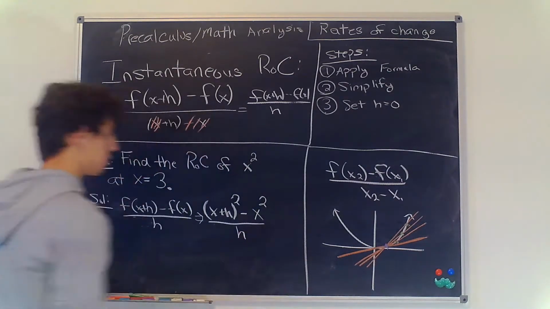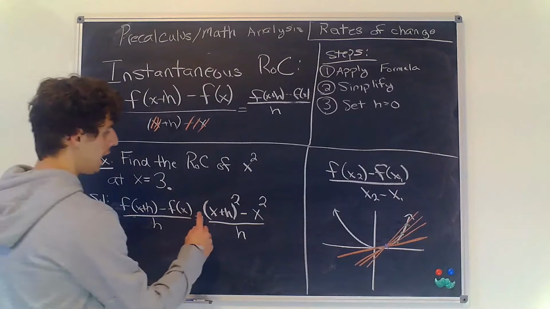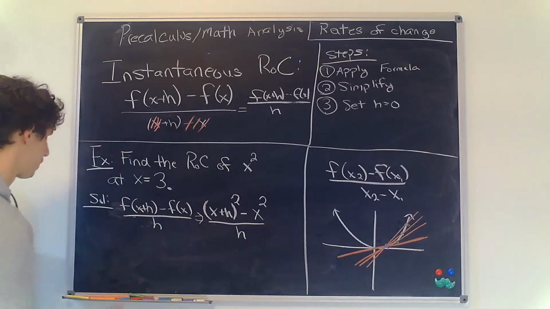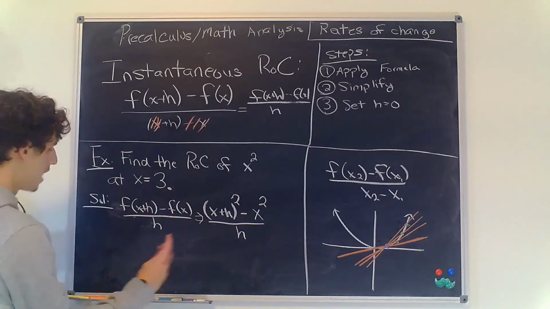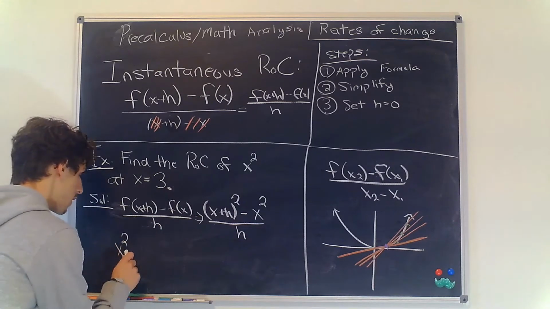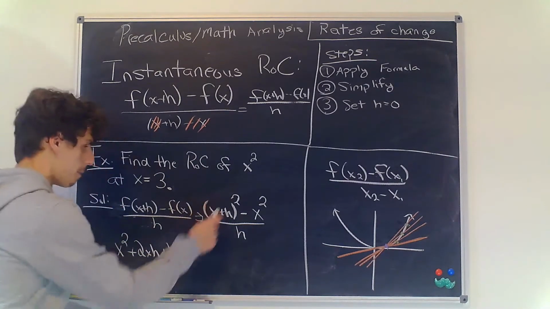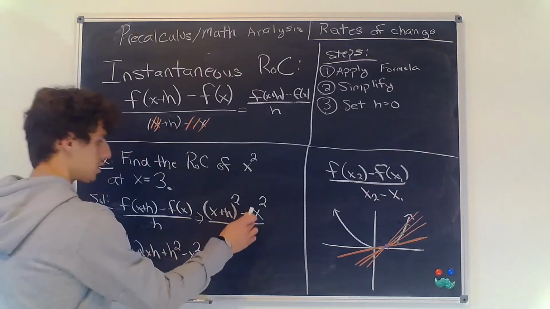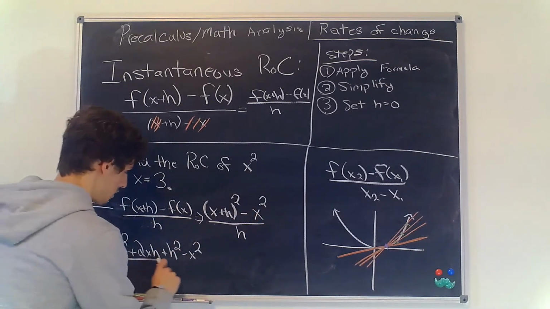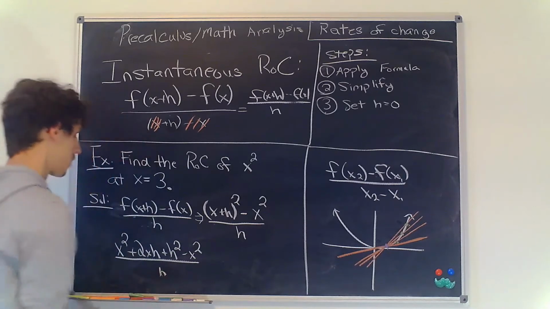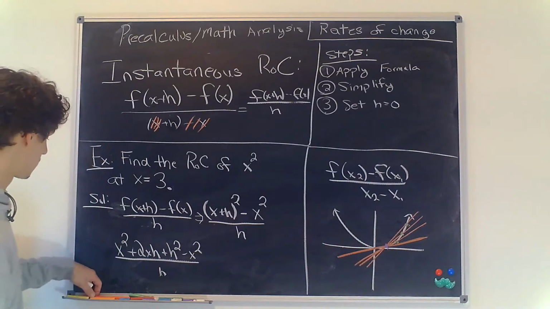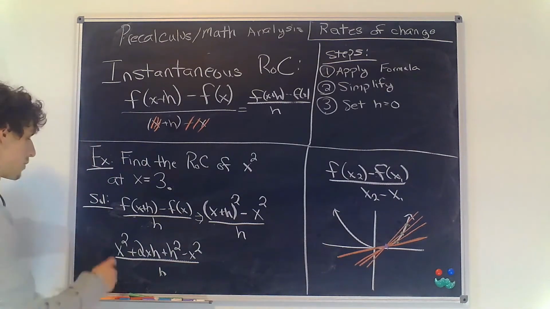over h. So we want to simplify this by expanding this term right here. So we get x plus h times x plus h, which gives us x squared plus 2xh plus h squared, minus x squared still, that's this term right here. And then this is all still over h. But now notice we can cancel out some terms in the numerator here.